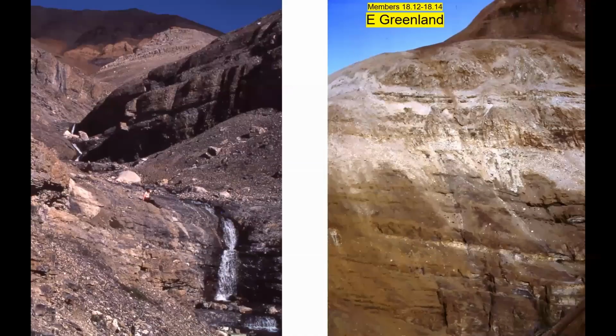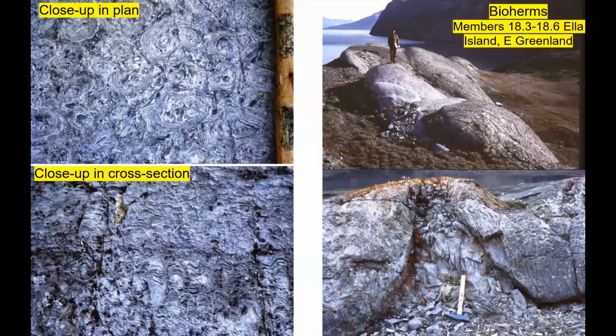And here in East Greenland, we're down the Precambrian, and quite a lot of the thickness of carbonate rocks we see there are made of stromatolites. And if we look at individual ones, we've got these lovely rounded ellipsoidal shapes here. These are bioherms, just like the small reefs that you see in the Phanerozoic record.